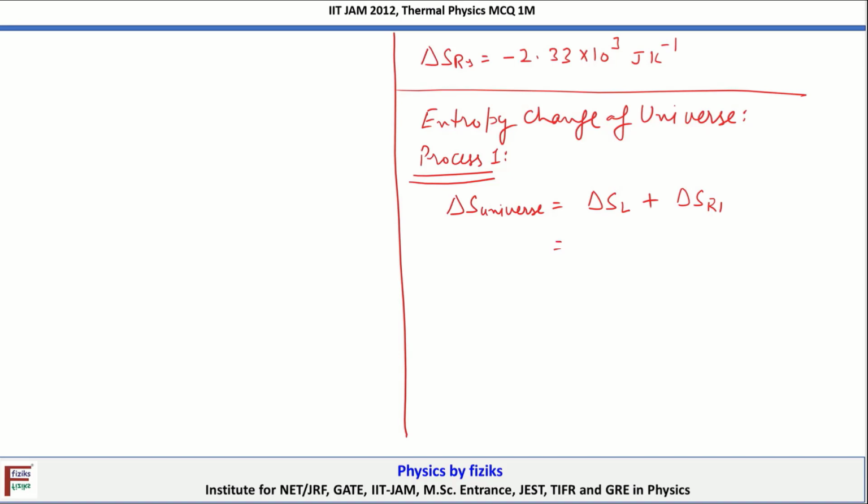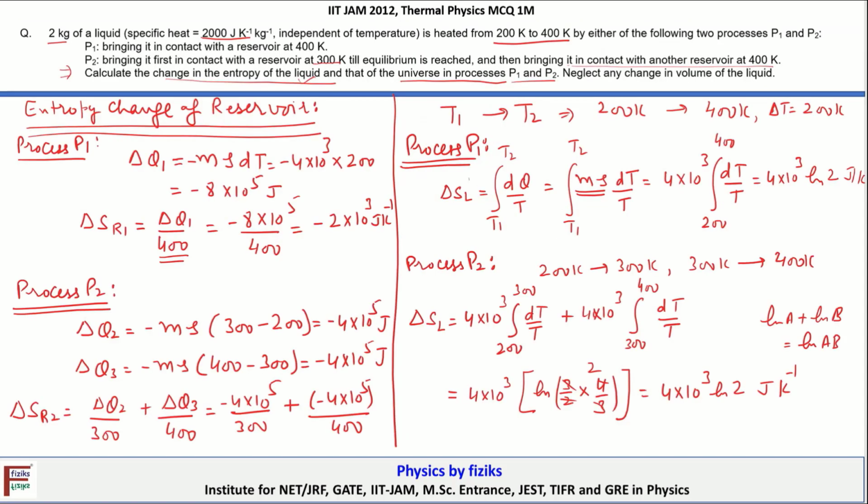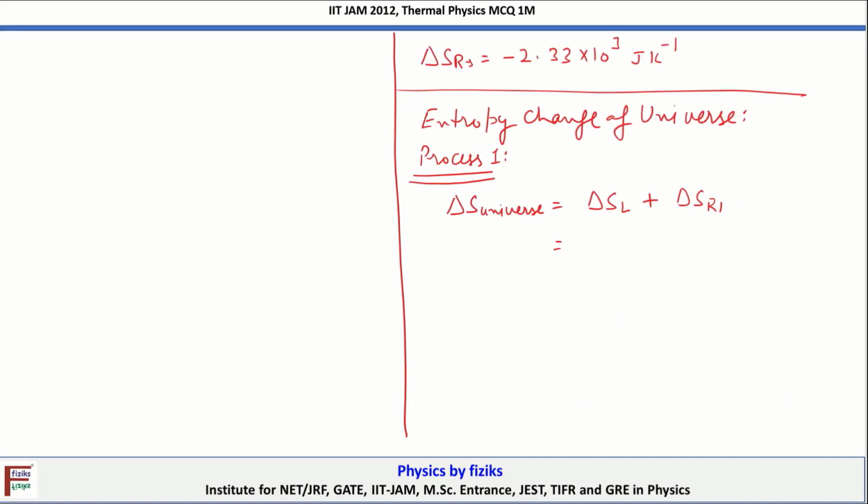If you substitute the values, delta S L is 4 into 10 power 3 ln2, plus the entropy change of the reservoir, which is negative, minus 2 into 10 power 3. After evaluating, it comes out to be 7.72 into 10 power 2 joule per Kelvin, which is greater than 0, as it should be for an irreversible process.